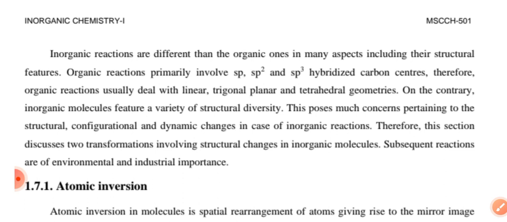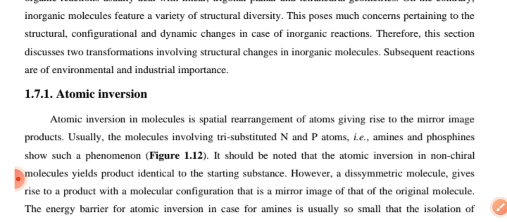On the contrary, inorganic molecules feature a variety of structural diversity. This poses much concern pertaining to the structural, configurational and dynamic change in the case of inorganic reactions. Therefore, this section discusses two transformations involving structural change in inorganic molecules. Subsequent reactions are of environmental and industrial importance.